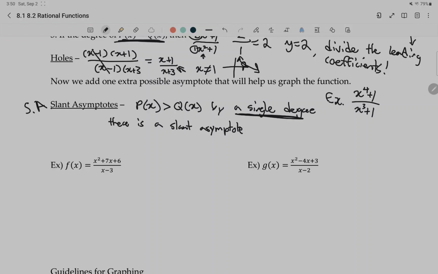So what is a slant asymptote? A slant asymptote is just like a horizontal asymptote. As x goes to infinity, it behaves like this line. So say this is our asymptote. That means our function will go to this as it goes out to infinity. Oh, actually, that is not a correct drawing.